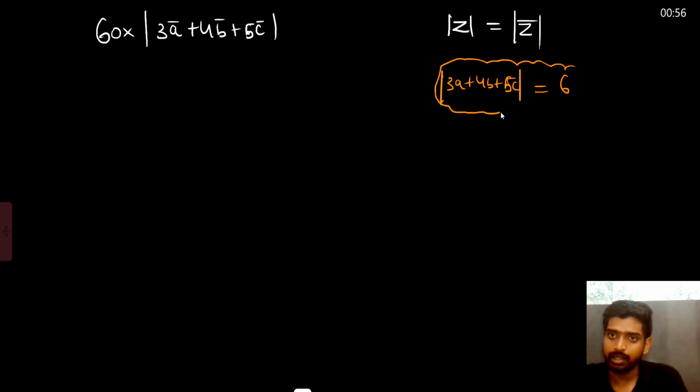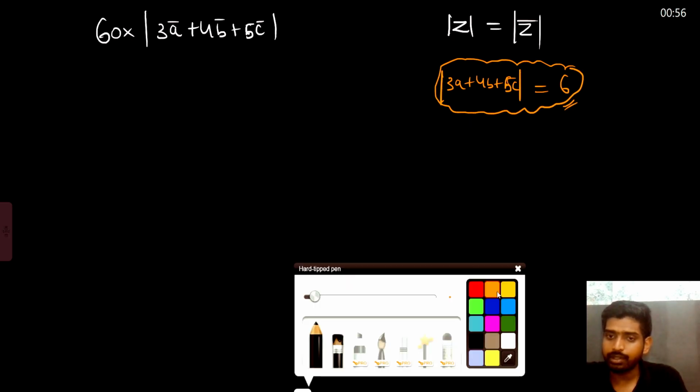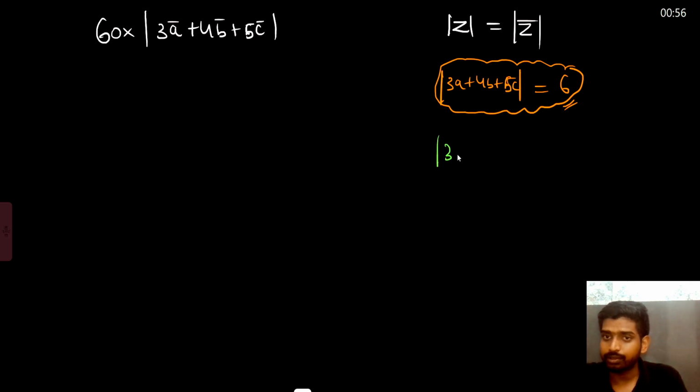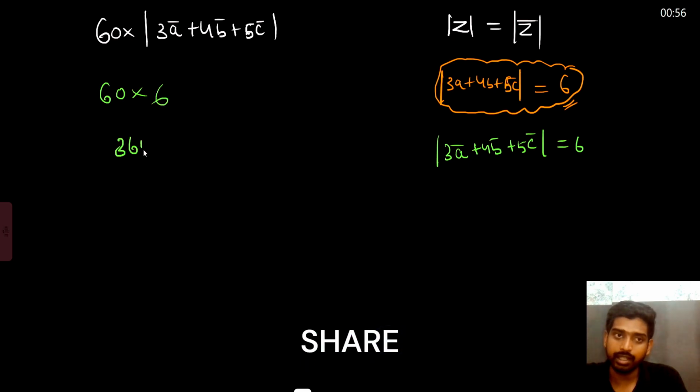Now if it is equal to 6, then the modulus of its conjugate is also 6. So here I'll get the modulus of 3A bar plus 4B bar plus 5C bar is also 6. From here I can write 60 into this value, which is 6, that is 360.